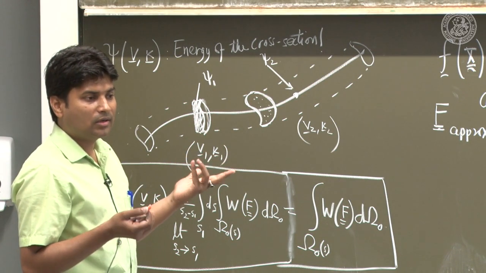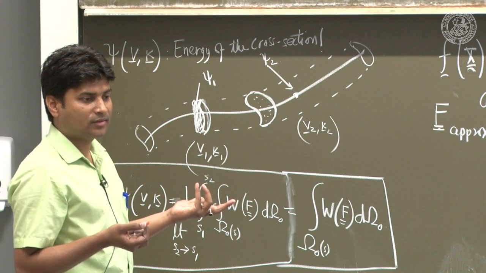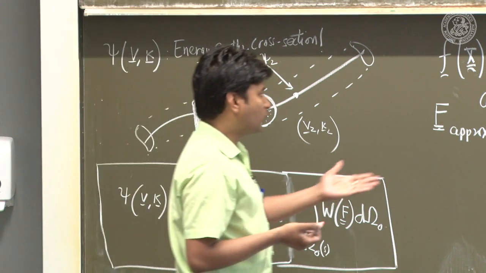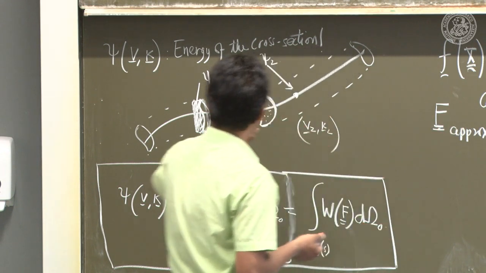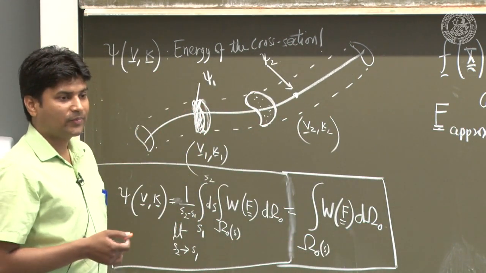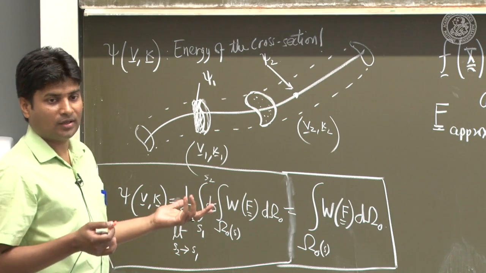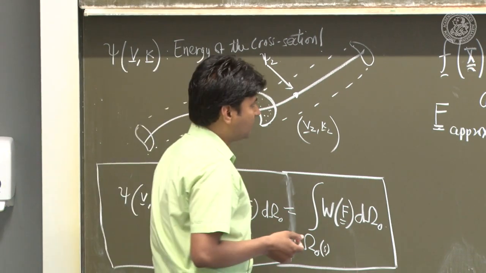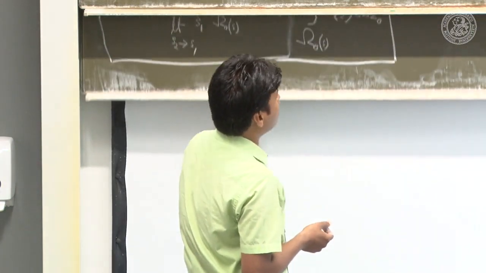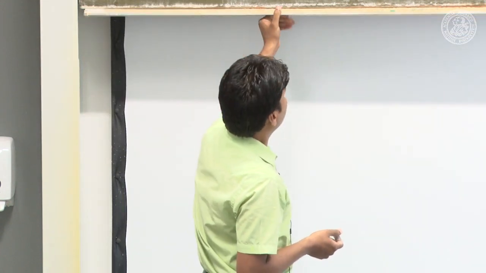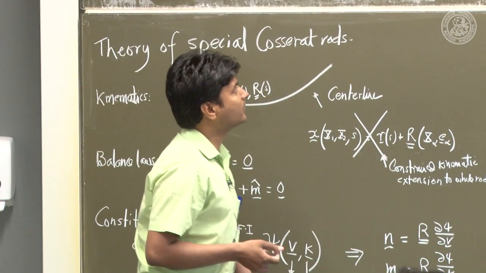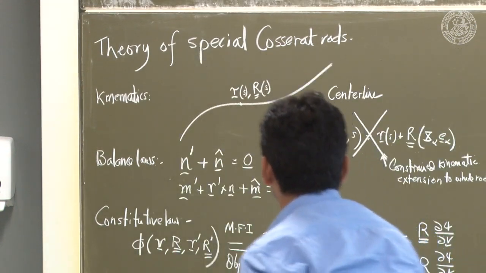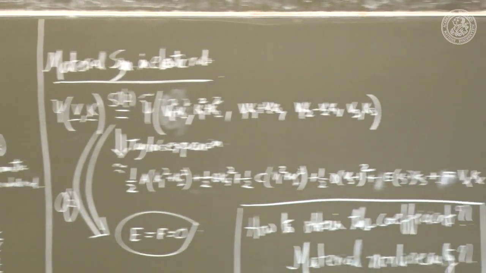So, you will not get an accurate result, but of course, you can use this kinematics. Many people use this kinematics to get their psi. We want to do better than that. So, what else can we do? Yeah.